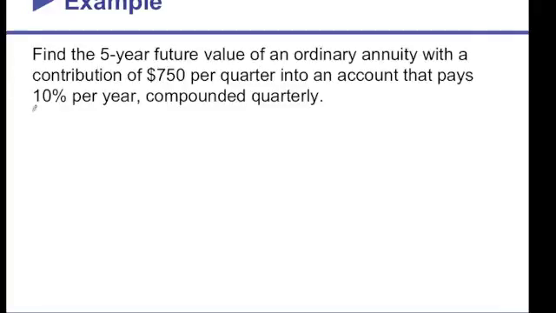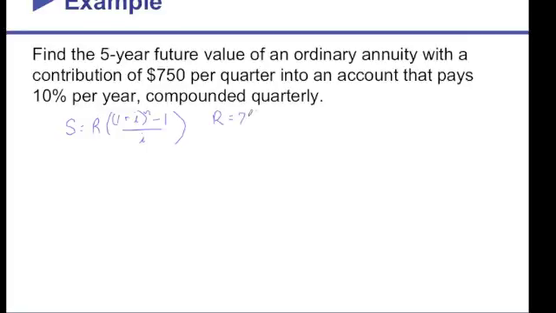Find the 5-year future value of an ordinary annuity with a contribution of $750 per quarter into an account that pays 10% per year compounded quarterly. Well, we're finding the future value, so S equals R times (1 plus I) raised to the N, minus 1, divided by I. Let's see what those values are.